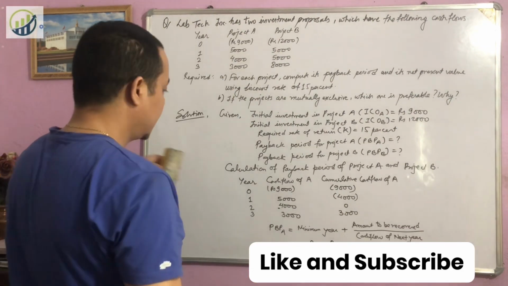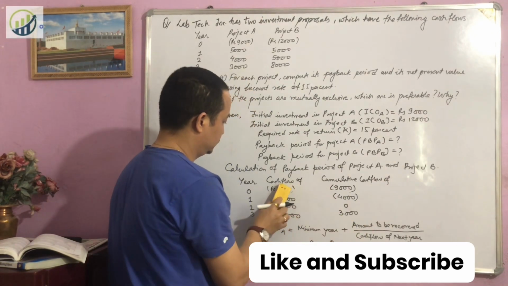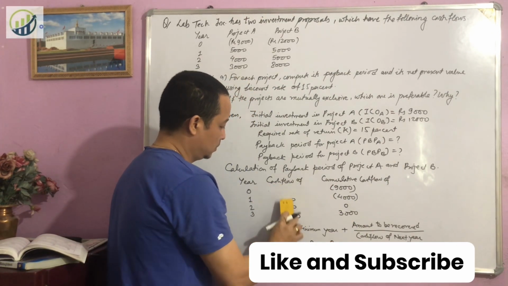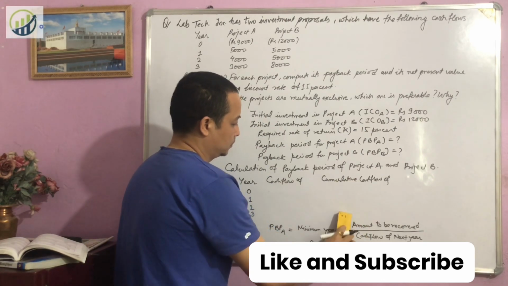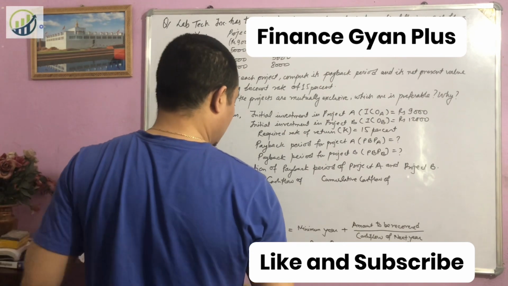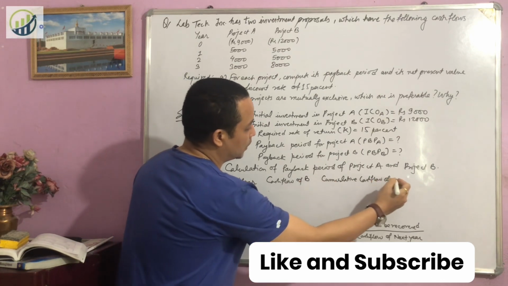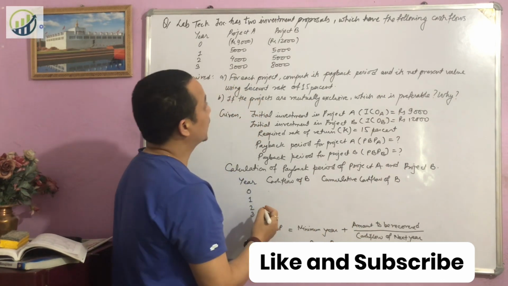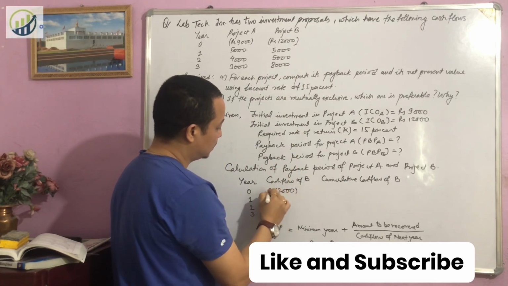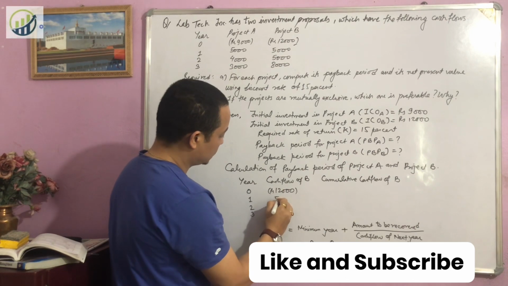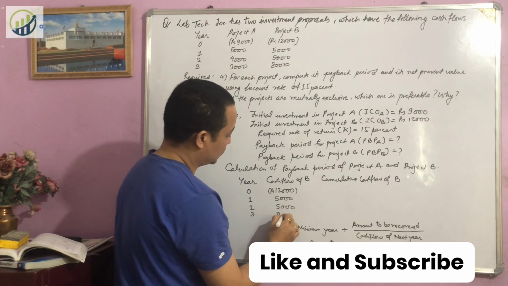Okay, project B. Now let's see the cash flows. Cash flow of B, cumulative cash flow of B. The cash flow is 12,000 initial investment, then 5,000, then 5,000, then 8,000.